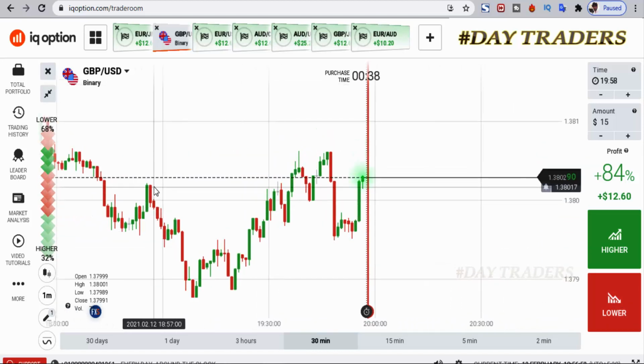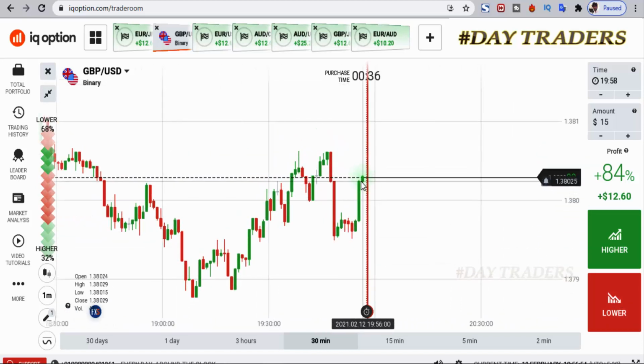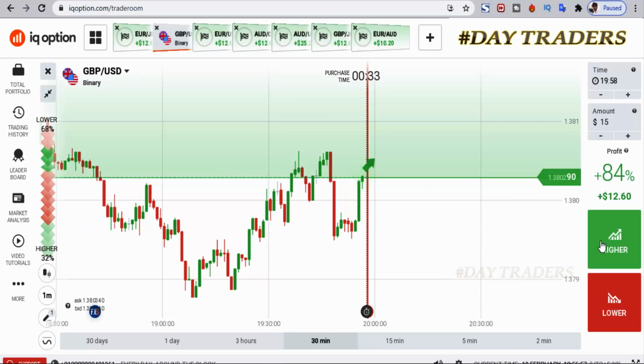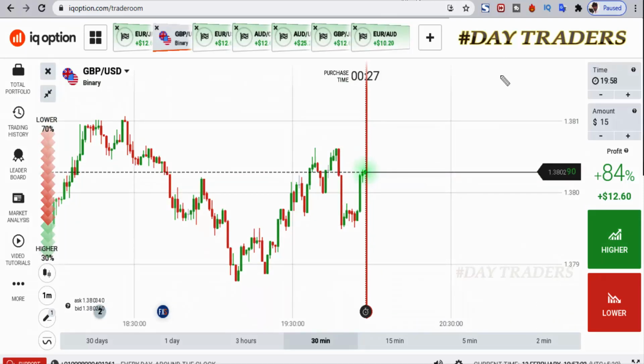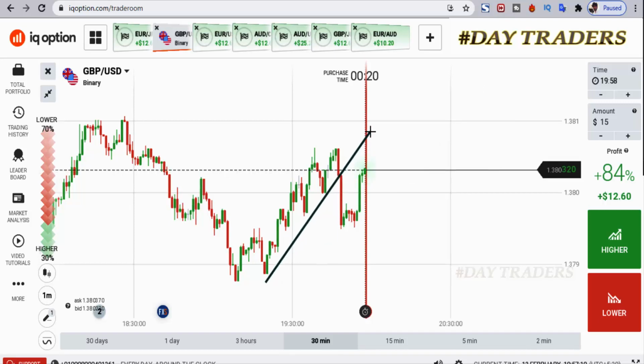Okay, there is no confidence, but this is a very strong bullish candle. This is a level.